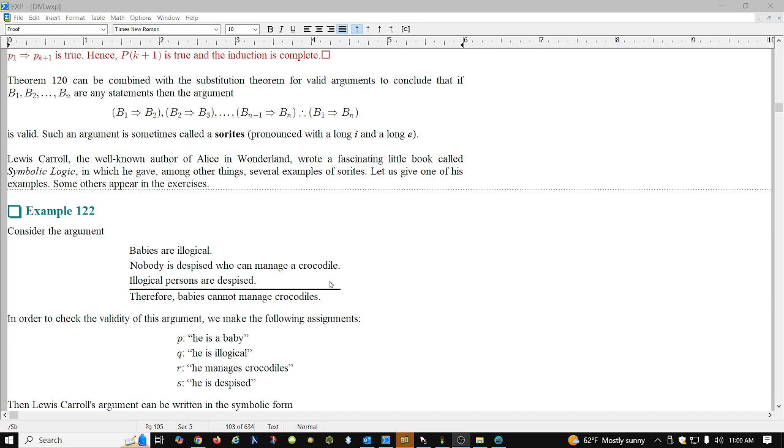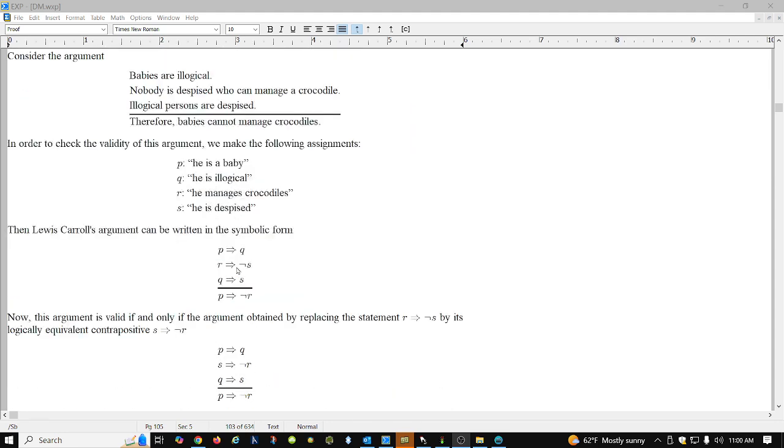See if you can sort out whether it's valid or invalid just on intuitive grounds. But we'll assign statement variables to these simple statements. Lewis Carroll's argument then looks like this.